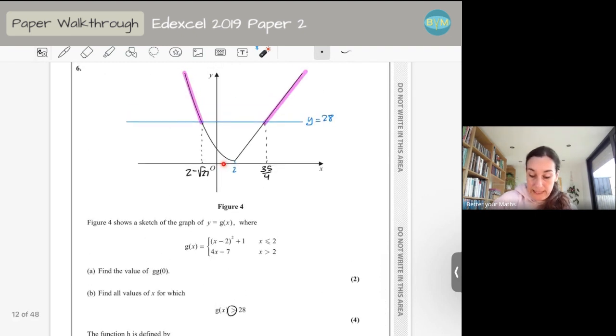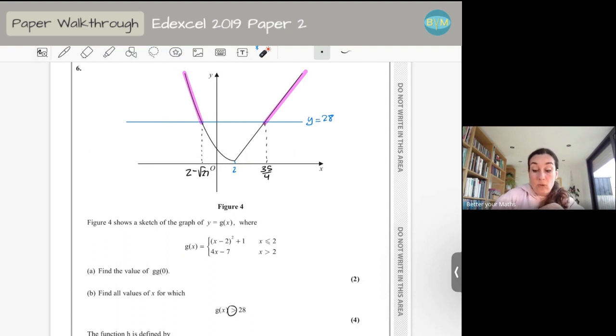This function here, g of x, is many to 1. So I have different values of x that give me the same value of y. These values of x and these values of x give me the same y. So it's not one-to-one. That's why it has no inverse.